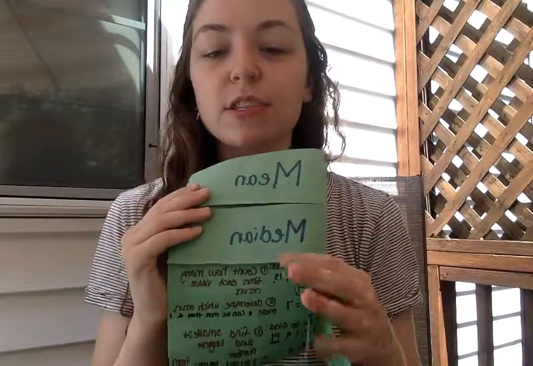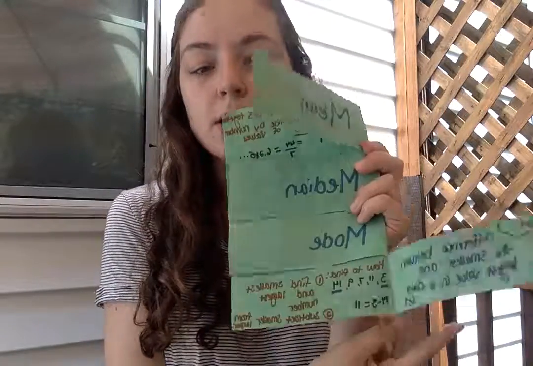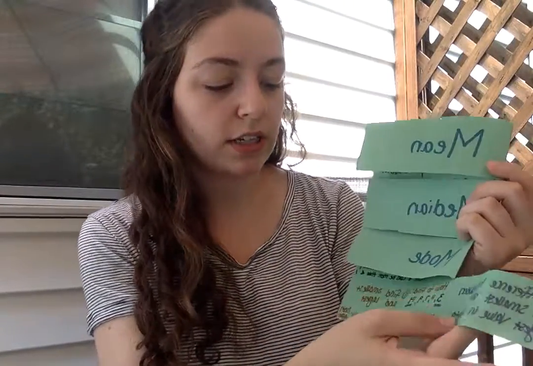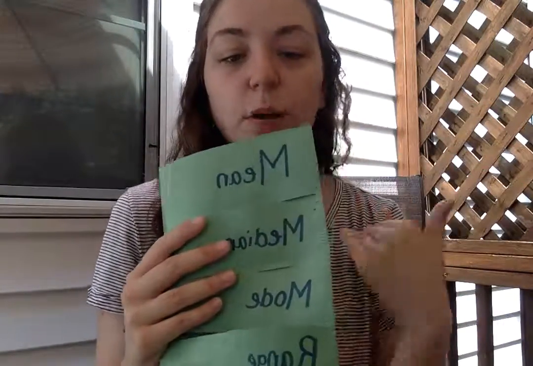They get to close it and manipulate what they see, which I think is really important. And for students with disabilities, this is good for reducing cognitive load because it allows them to just focus on range or mode or mean. Students can put the definition on one side, the steps, examples, and anything else they need to help them. So I really liked that for math.